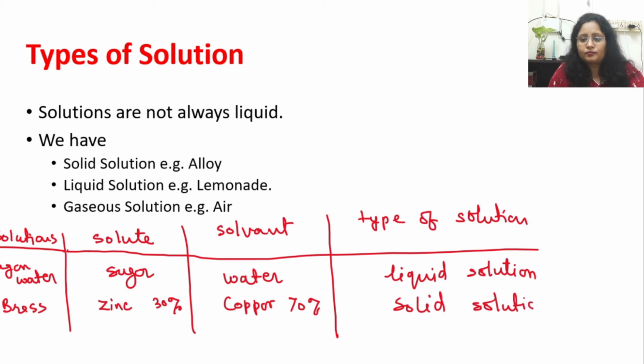One more example I am going to give you is soda water. Soda water has carbon dioxide gas as a solute and water as a solvent.